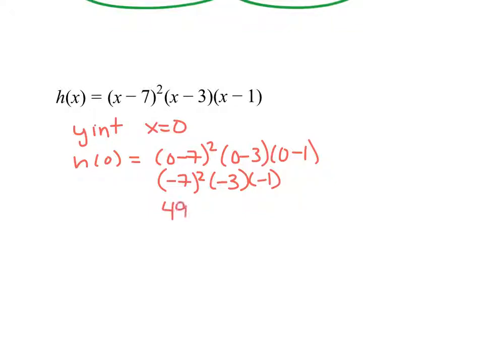So that's 49 times 3, which is 147. So our y-intercept is 0, 147.